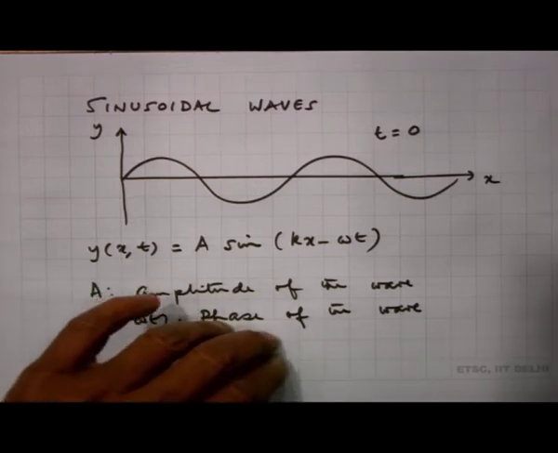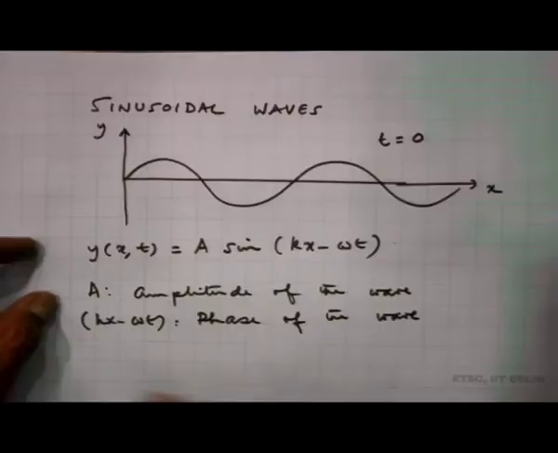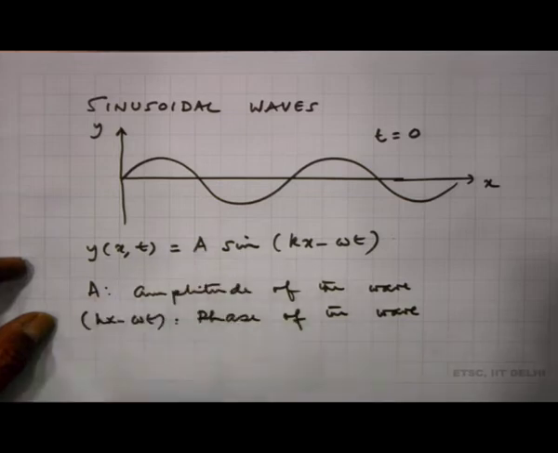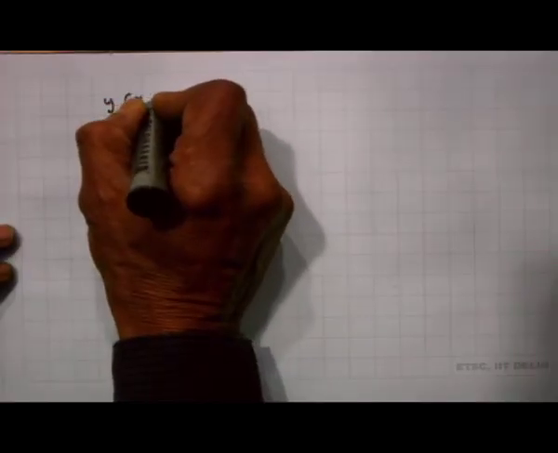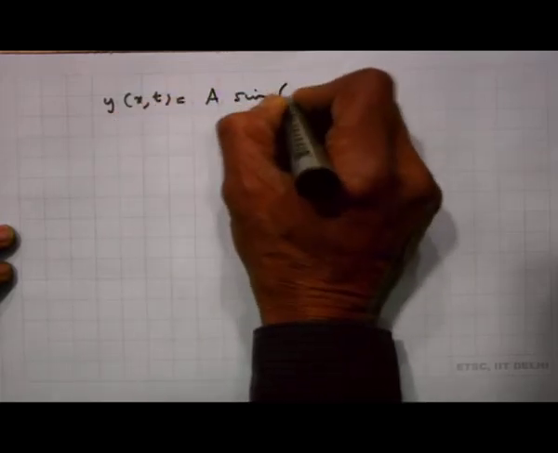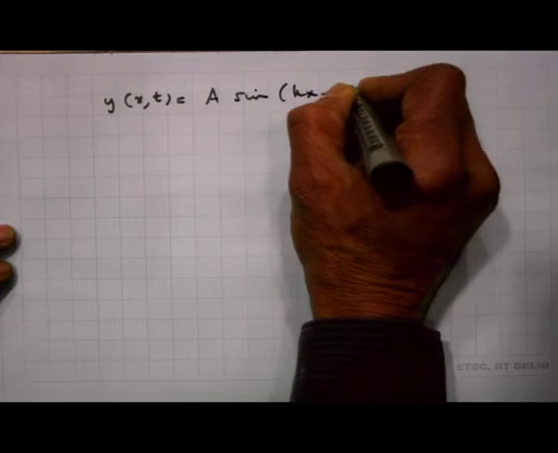So, let me try to draw two pictures here. One is I look at this wave at a given instant of time. Let me redraw the figure here. So, the general wave is described by y of x, t is equal to A sin(kx minus omega t).